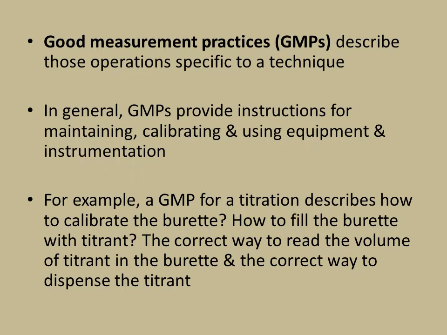This can be explained with the help of an example. For example, a GMP for a titration describes how to calibrate the burette. We know that in titration we use the burette and pipette. So a GMP for a titration describes how to calibrate a burette, how to fill the burette with titrant, then the correct way to read the volume of titrant in the burette.